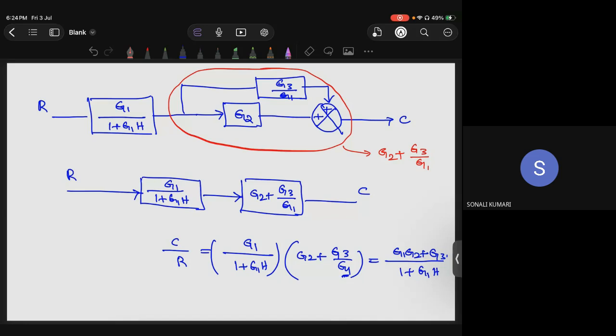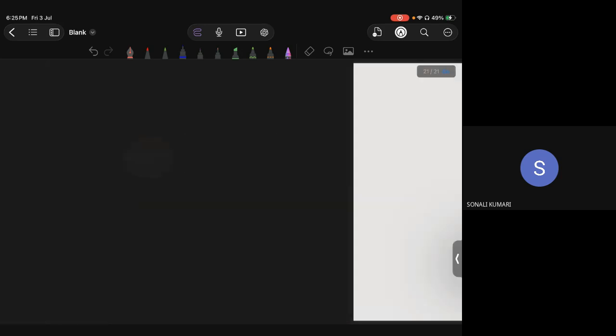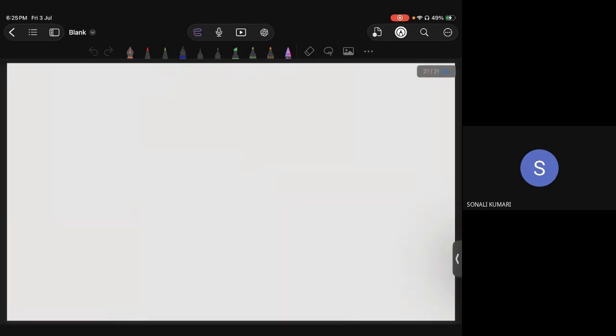Okay, let me try another one. So plus minus R. So we have another one, plus minus, let's say G1.